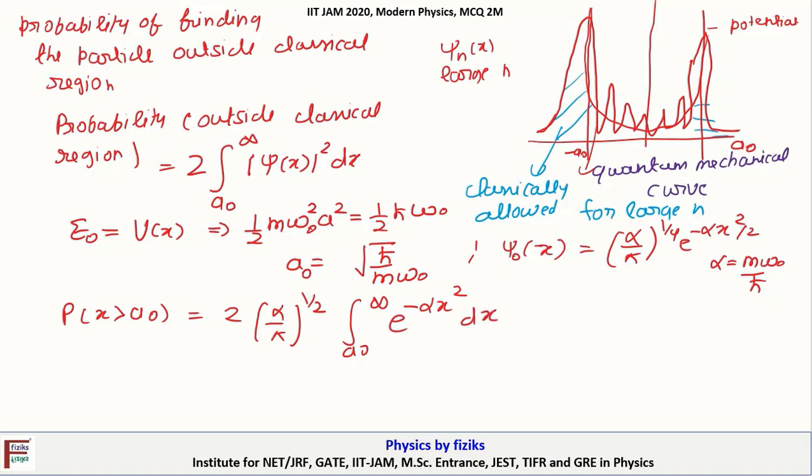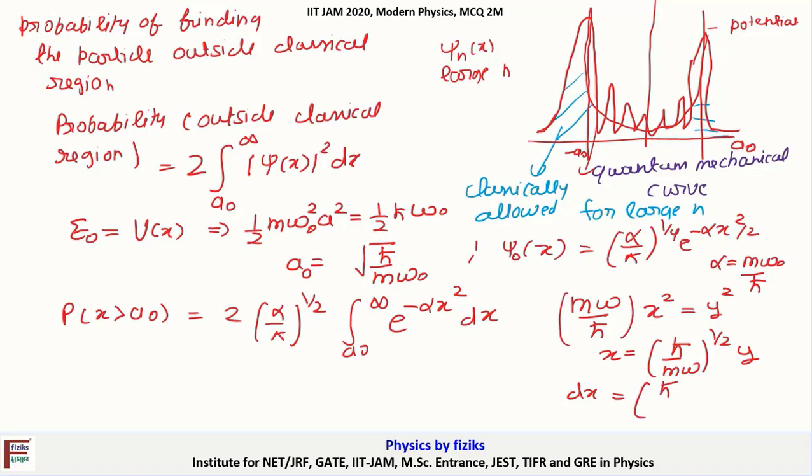I am assuming m omega by h cross x square is equal to y square. So x would be h cross by m omega to the power 1 by 2 times y, and dx would be h cross by m omega to the power 1 by 2 dy.